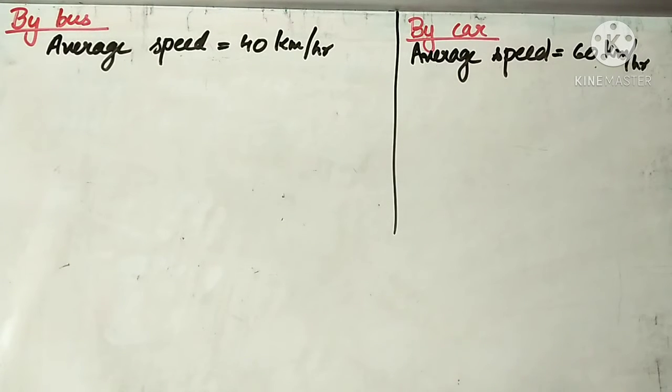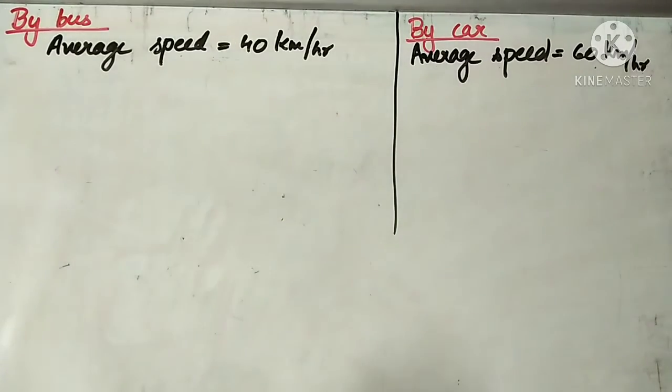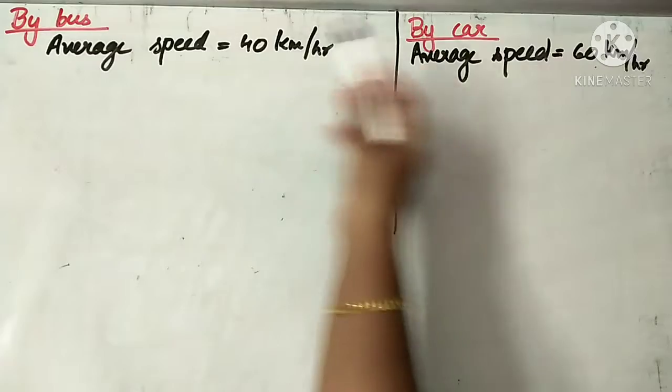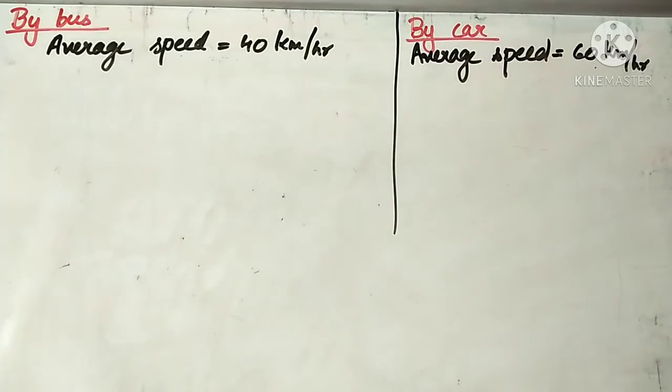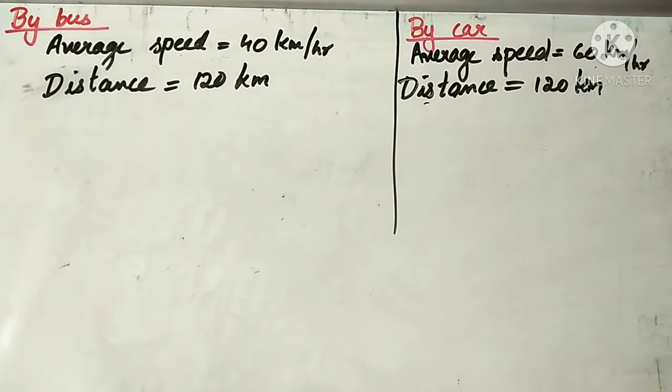And see children, for easy calculation, when you select a number for distance, better you take a multiple of these two numbers. 120 is a multiple of both 40 and 60, so it will be easy for the calculation. So I write distance is equal to 120 kilometer.